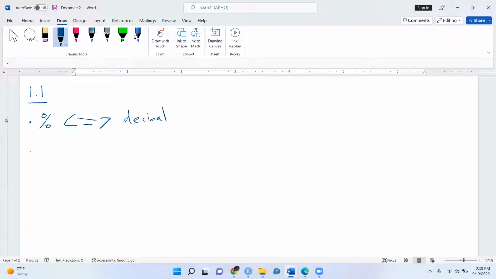And then there were a variety of percent problems that you encountered. So one of them was just percent of questions. And that's where you take the percent, convert it to a decimal, and multiply. And the other was find the original amount.